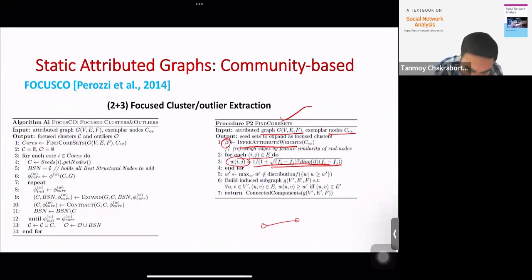And then what you do is identify a threshold W dash. You can identify W dash in many ways. You can identify W dash from a distribution, for example. Since you know all these weights, you plot a distribution and you see some sweet spot, and that's your W dash. Once you identify W dash, you only keep those edges whose weights are above W dash.